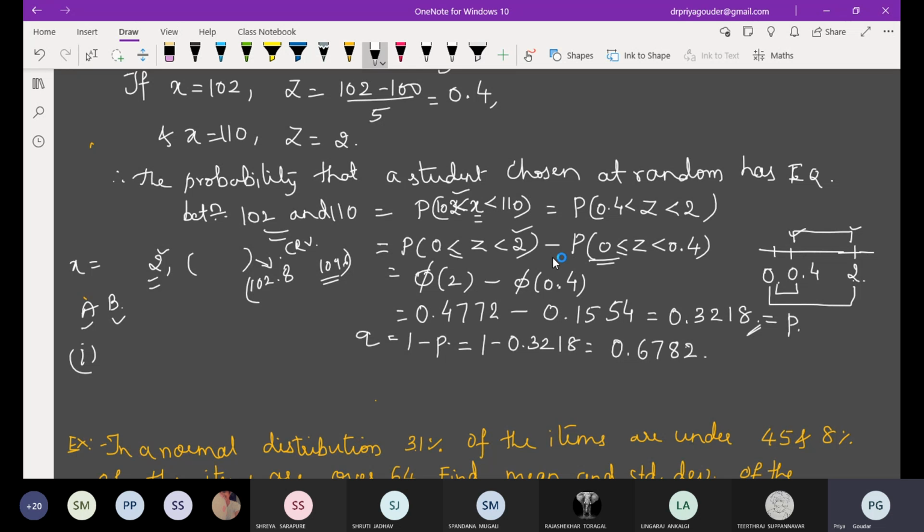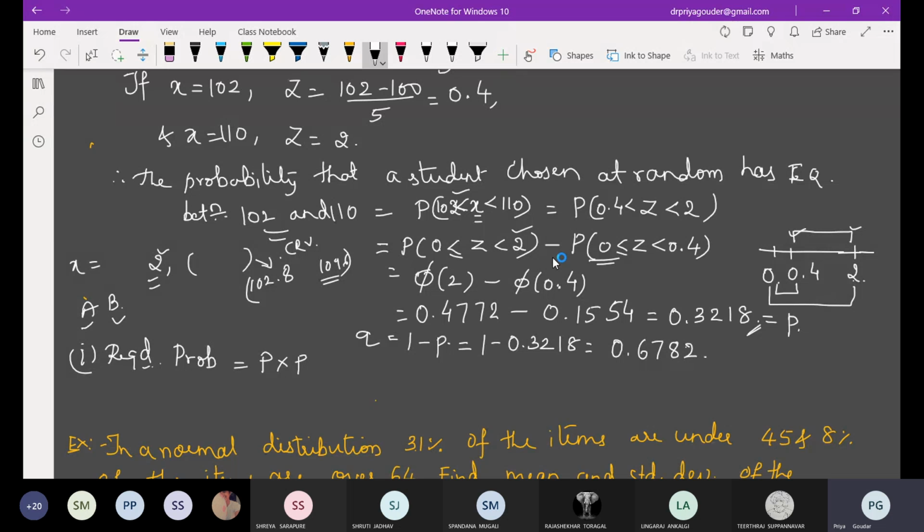So it is A and B. The required probability that both the students will have the IQ between 102 and 110 is nothing but what should happen, P or Q? P, for student A and P for student B also.